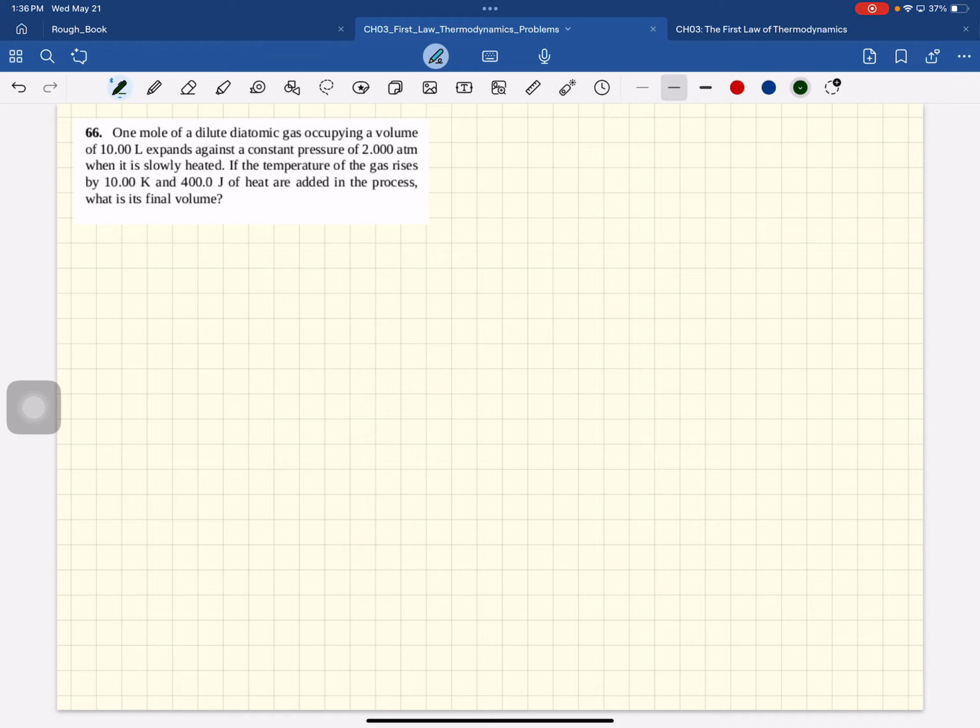Okay, so 10 liters expands at 2 atmospheres.